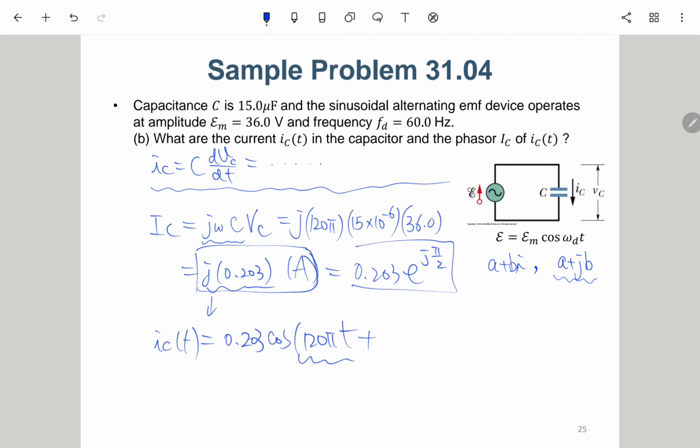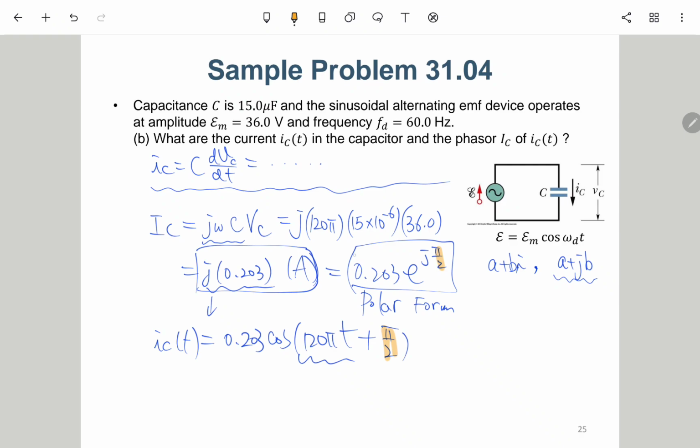You just change it to the polar form of a complex number.